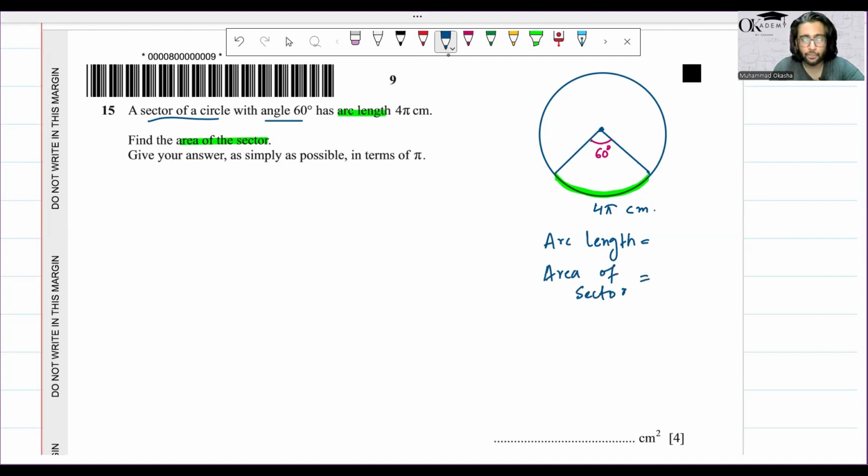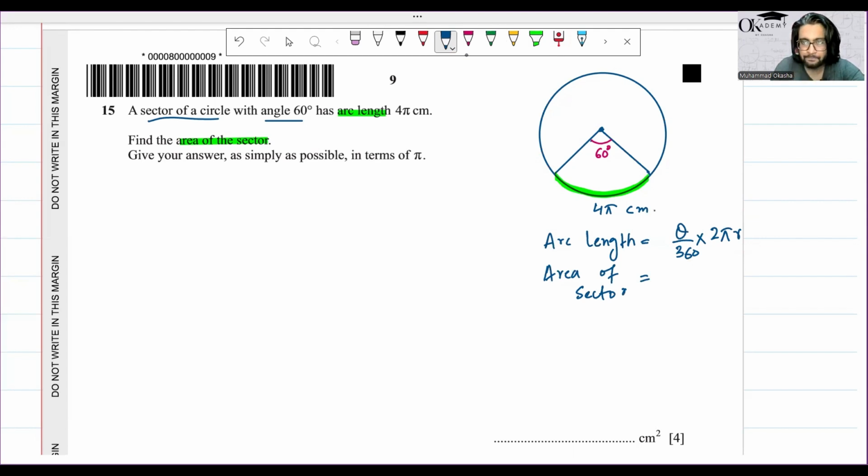Arc length for the total circle is 2 pi r. If the angle is 360 degrees, the arc length of the total circle is 2 pi r. If I want to find the arc length at a specific angle, I divide that angle, theta, by 360 degrees.